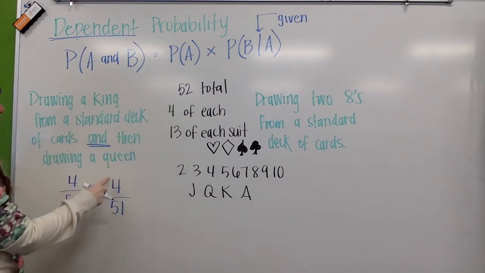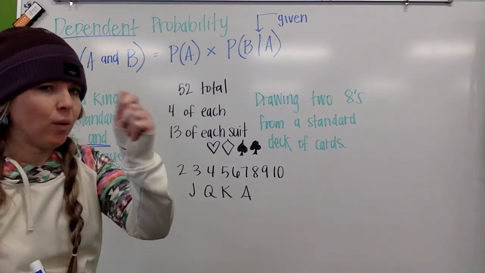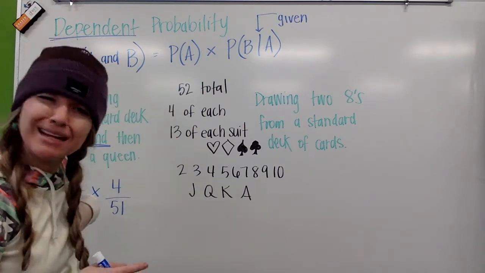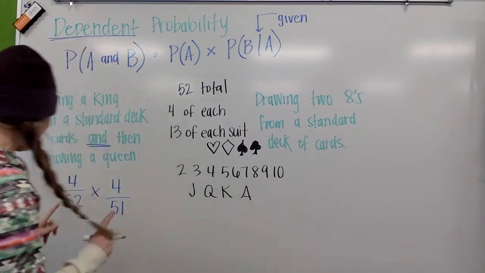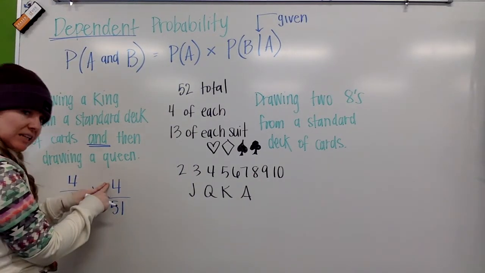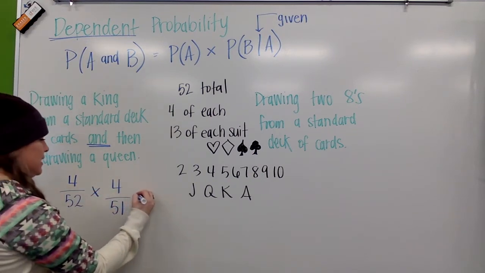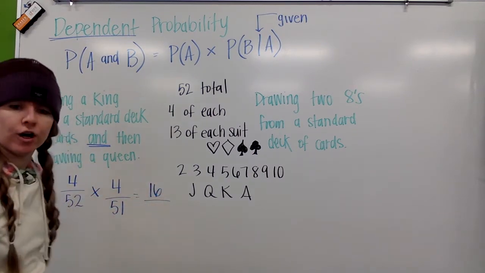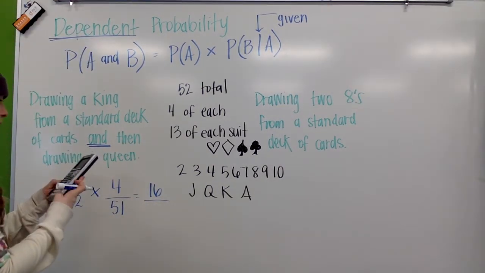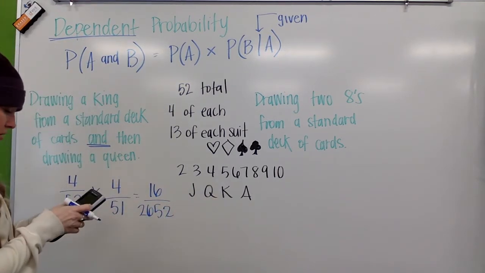So that's the probability of B given A, meaning we knew what happened during event A. Does that make sense? I hope so. Again, 4 kings, 52 cards. There are still 4 queens, but only 51 cards. And that's going to give me 16 over 52 times 51, that's 2,652.